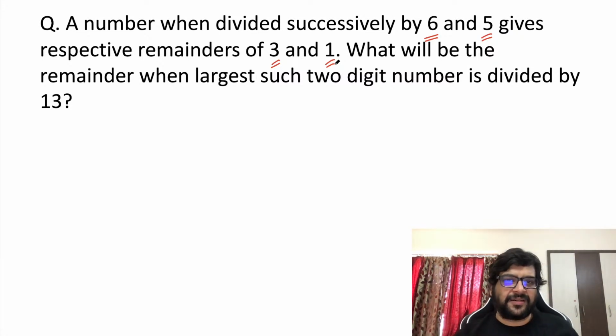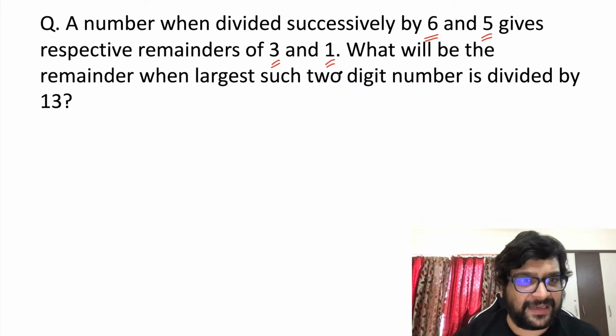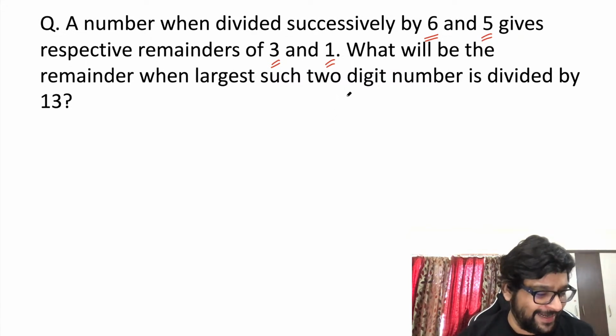What will be the remainder when the largest such two-digit number is divided by 13? 39 is the answer. Gautam says 8 is the answer. I don't think any of you is right.